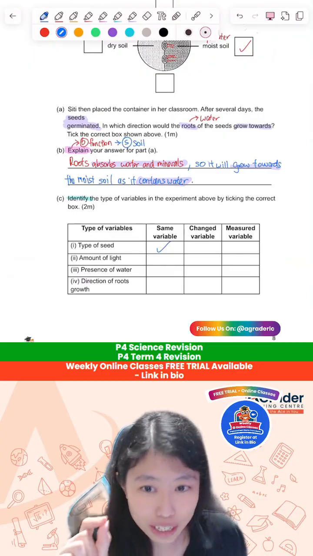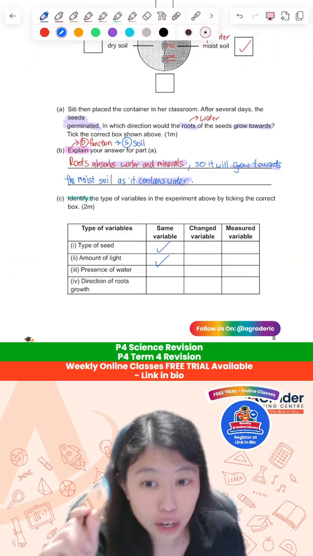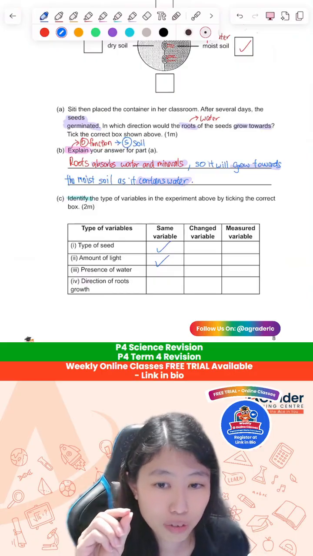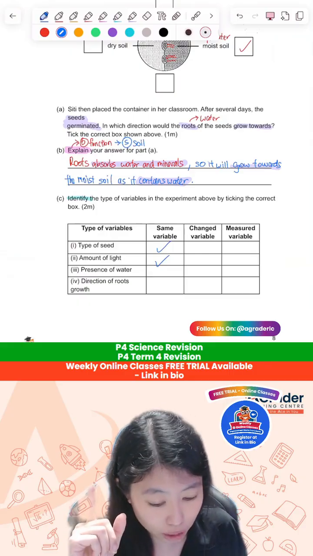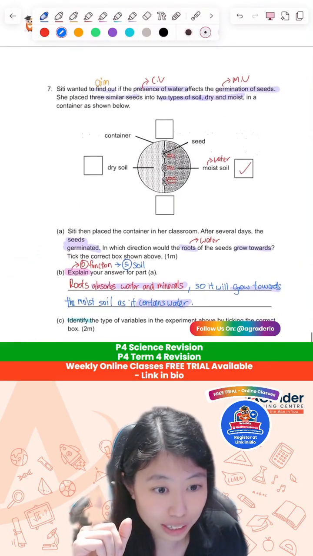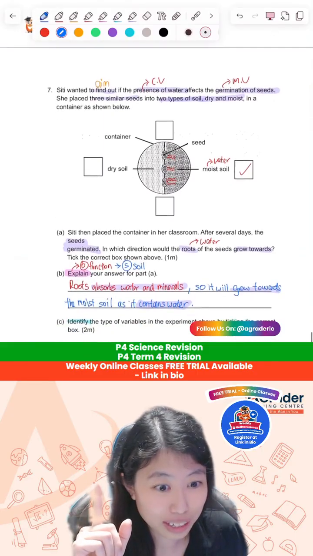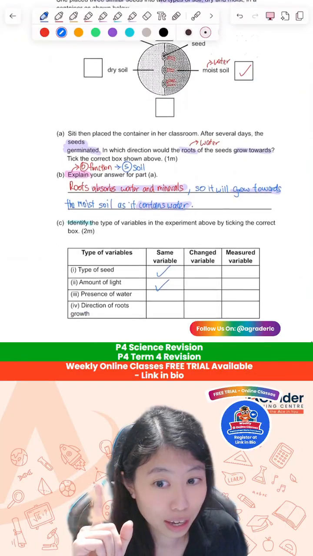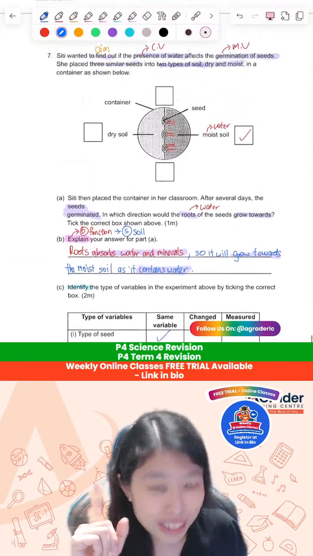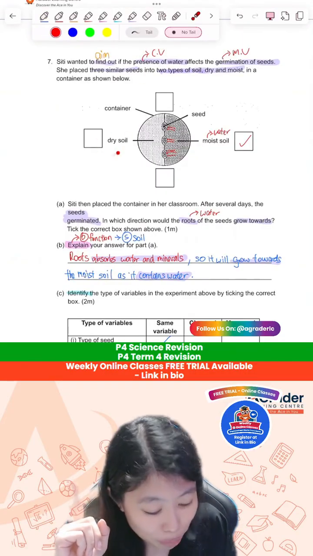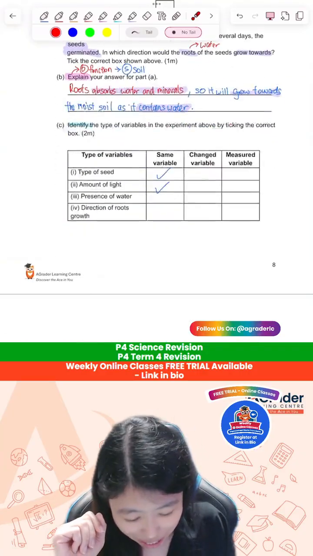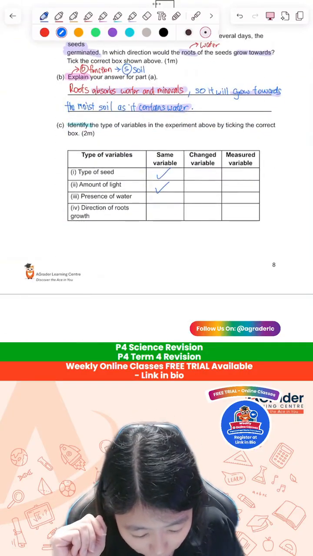Very good. So amount of light is also the same. Then what about presence of water? Water must be the same? Yes, water is my changed variable over here. One has no water, one has water. So that is my changed variable.